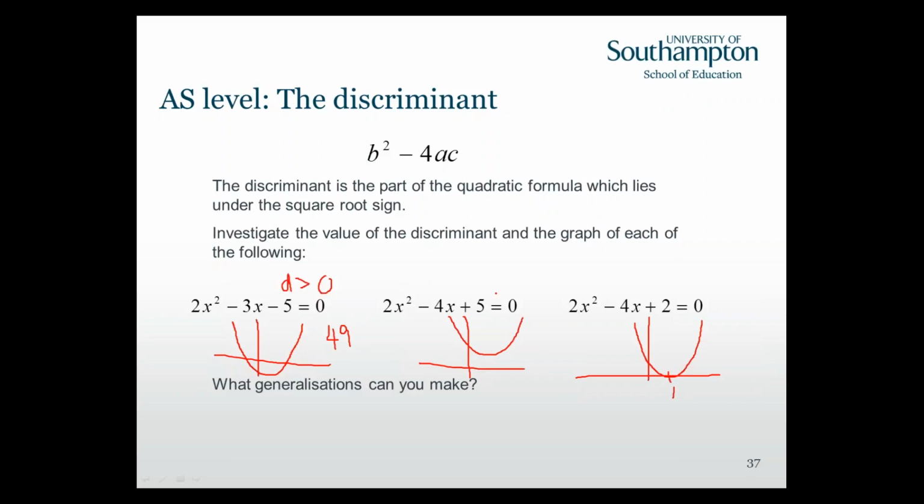Wayne, what did you get for the second one? -4. Yeah. So negative. And Robert, what did you get for the last one? I've got 0 there. Yeah. So what do you notice about the graphs and the discriminants?